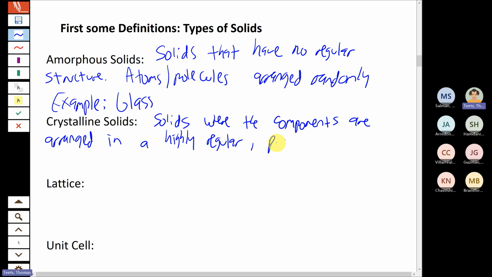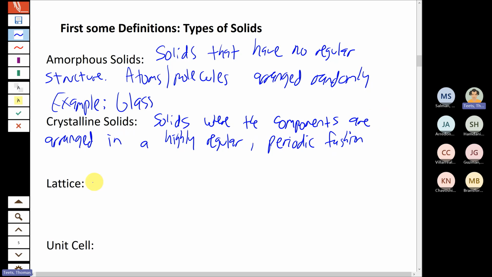So by periodic fashion, it means that whatever small unit you have is going to repeat continuously, typically in all directions. There can be different dimensionality, but you would have certain atoms or ions arranged at a specific distance from each other, and then that unit is going to repeat in all directions over and over again.